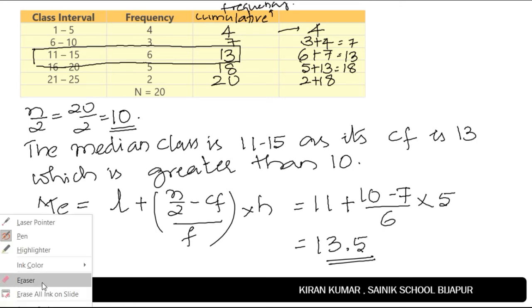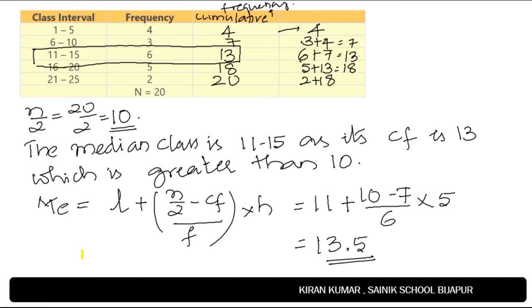The most important thing you must know is to identify the median class. How did I identify it? I found the value of n by 2, which is 10, and the number greater than 10 and closest to it is 13, that I need to consider.